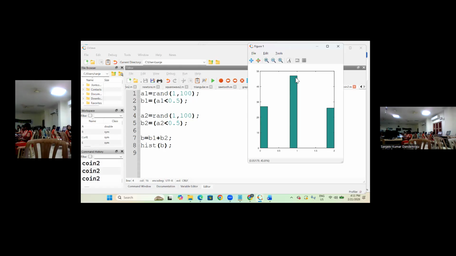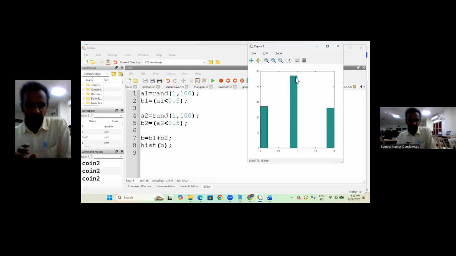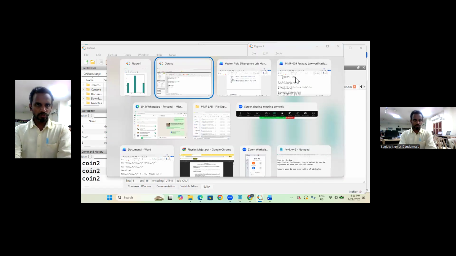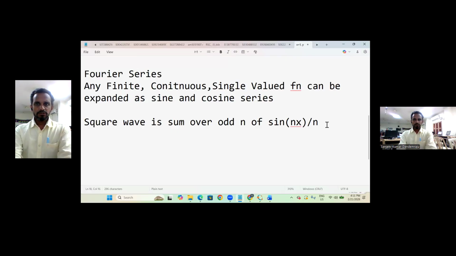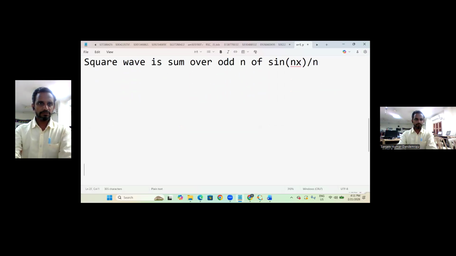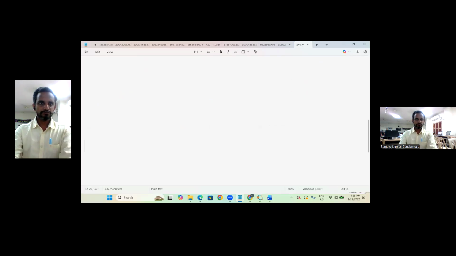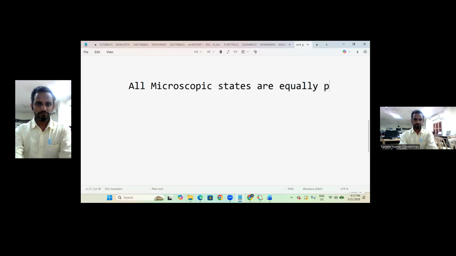Rule number one: all microscopic states are equally probable.